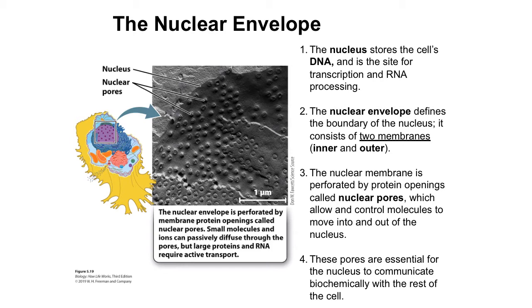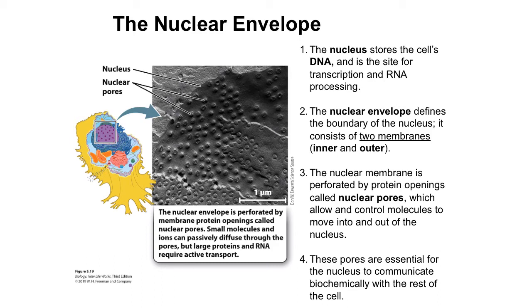Now let's look at the individual compartments or organelles in the endomembrane system. One of the major objectives of this section is for you to be able to explain how the nuclear envelope regulates the movement of molecules in and out of the nuclear compartment.